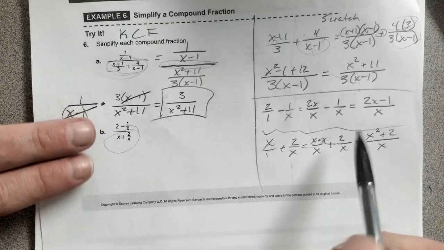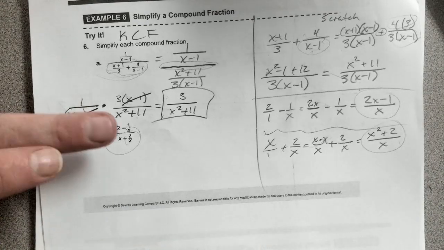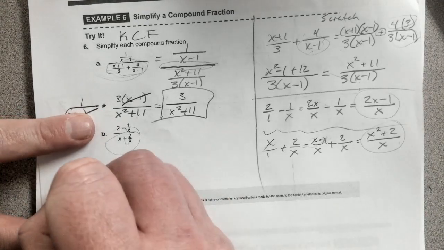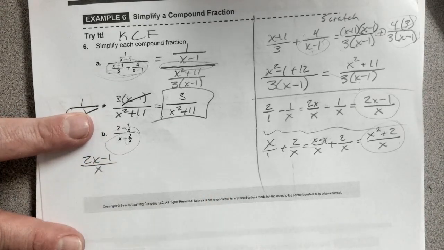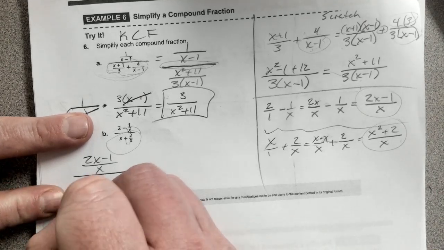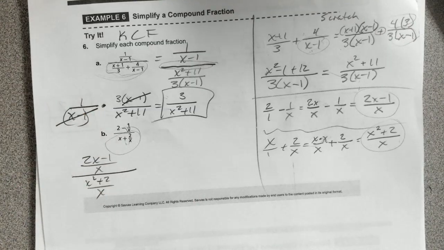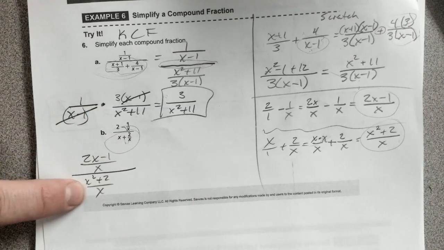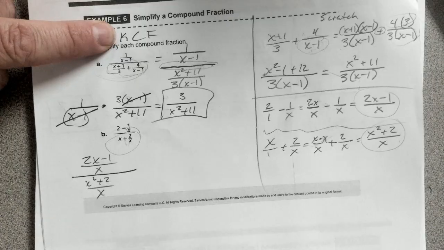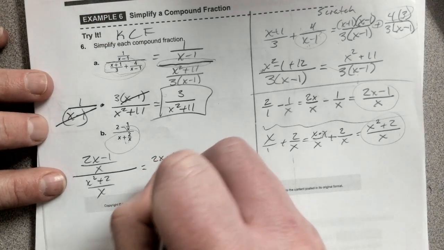Now I can put these back into the original complex fraction. My numerator now is 2x minus 1 over x, all over my denominator, which is x squared plus 2 over x. Now I have a fraction divided by a fraction. We're allowed to keep, change, flip. So we keep 2x minus 1 over x.